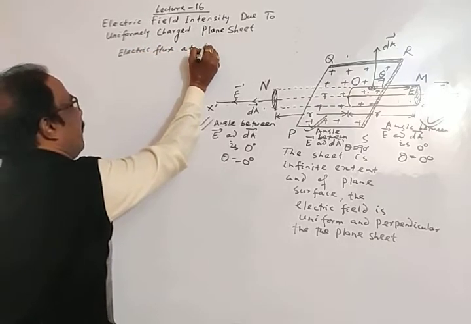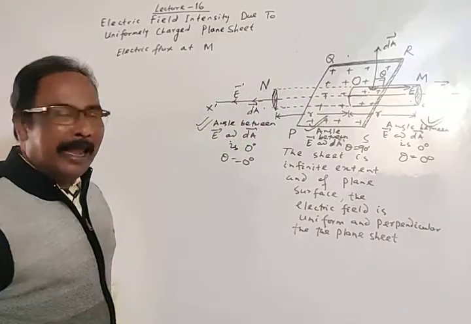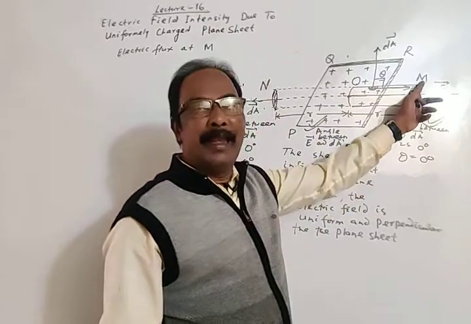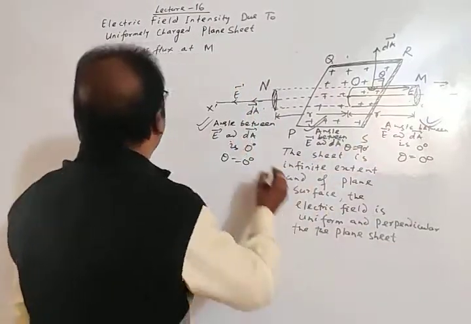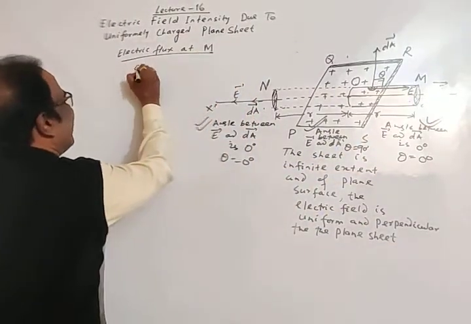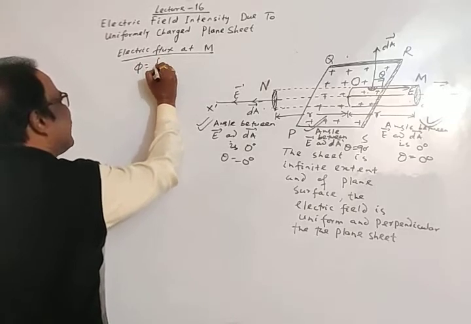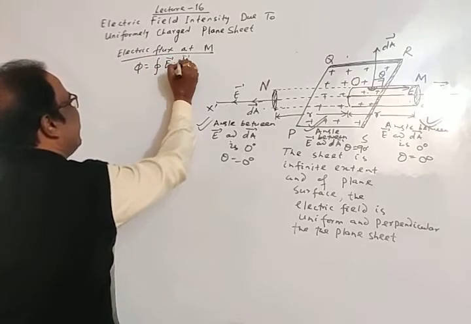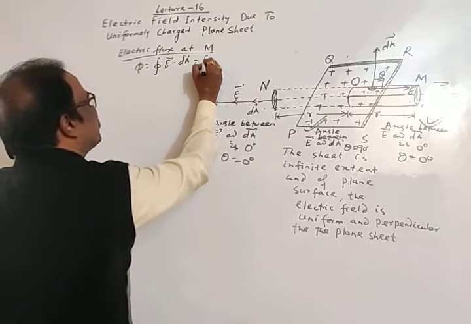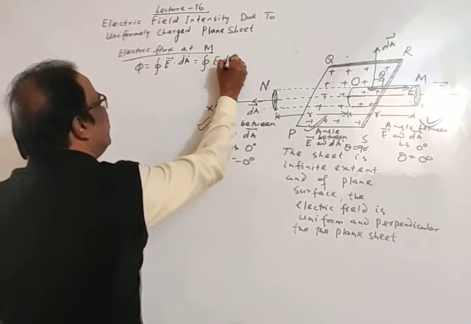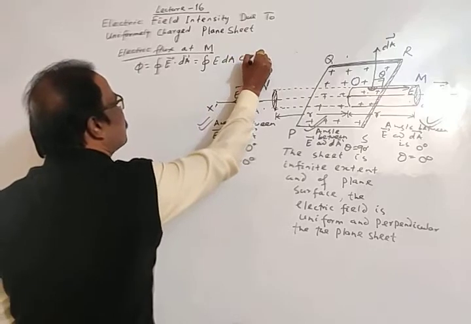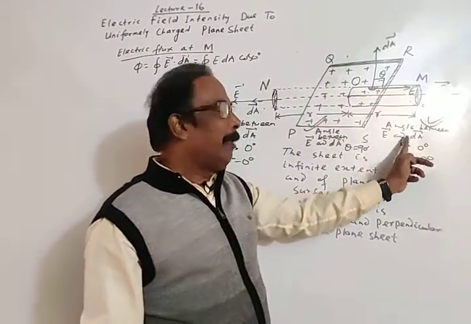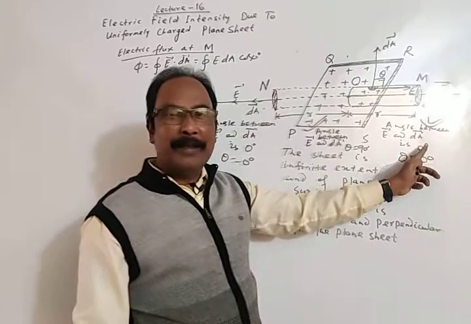Thus to get the electric flux at M, where an elemental area is dA: flux is the surface integral of E dot dA, which equals the surface integral of E dA cos 0 degree, since at M the angle between electric field and elemental area vector is 0 degree.